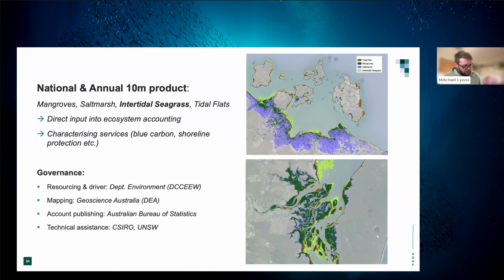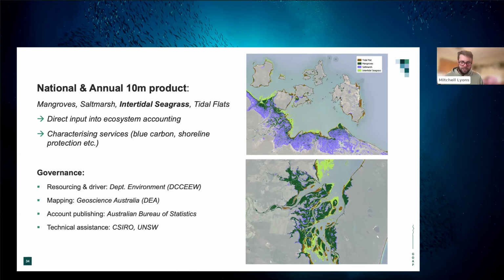I did want to make a quick point here on governance. If we are thinking about implementing ocean accounts at a large scale, especially at a national jurisdiction scale, you need to start thinking about how the governance works in terms of different agencies together. Australia is a good example of a really complex situation, with a wide range of environments and complex ecosystems, but also complex in terms of implementing the digital side of the mapping infrastructure.